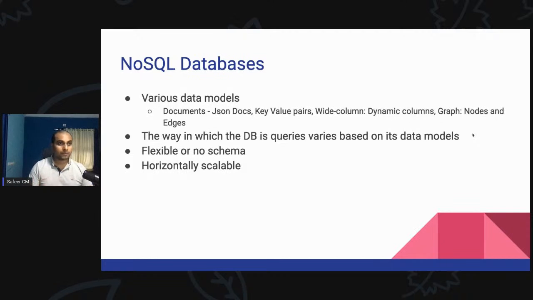That is wide column. Then the newest technology in the NoSQL world is graph databases. Graph databases are the best for defining complex relationships. If you are building a social media clone, most probably you are going to use a graph database. They have nodes and edges, just like fundamental graph theory.